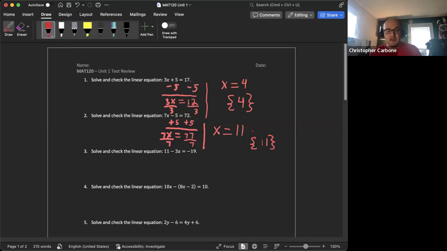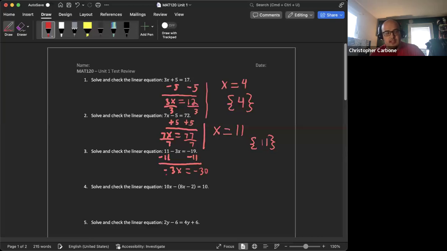The third one, 11 minus 3x is equal to negative 19. There's a couple of options for this one, but the one I'll do is to first subtract 11 from both sides. So negative 3x is equal to negative 30.